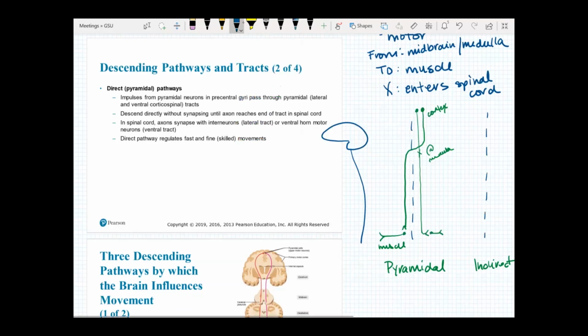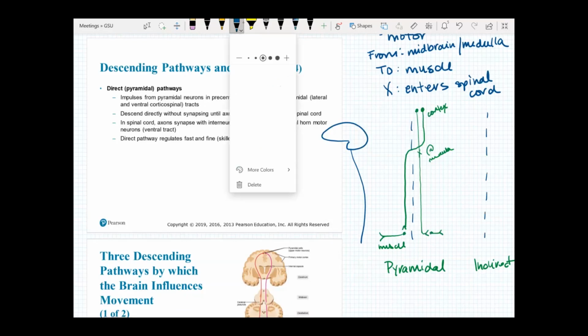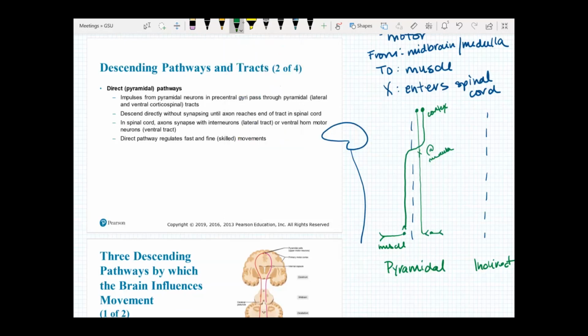And this will actually cross where the skeletal muscle is. Or sorry, at the entrance of where this is. So this is going to be at the level of the medulla, where we said midbrain or the medulla. So this will come in here at the level of the medulla, and it crosses immediately.